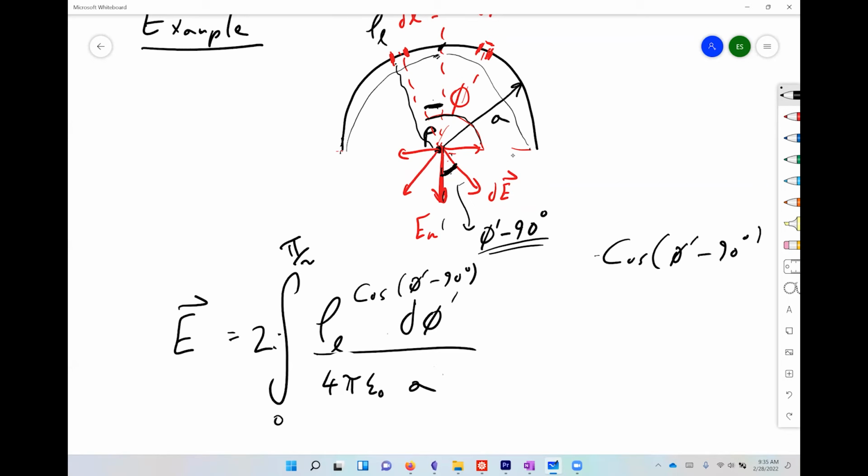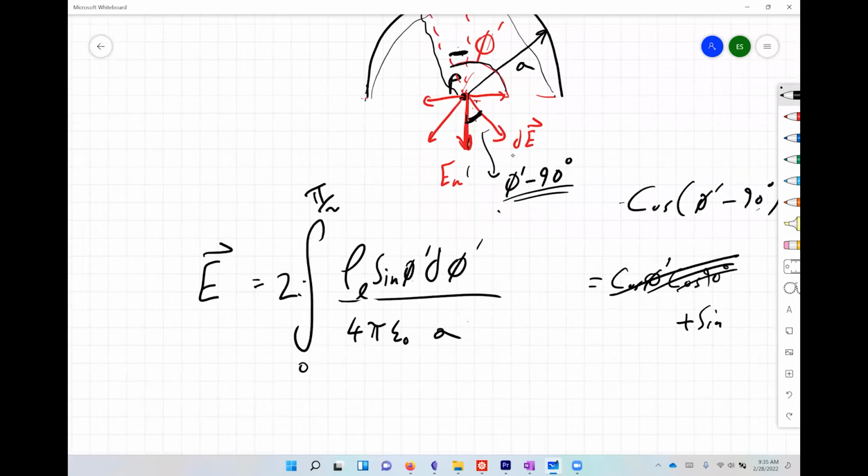I use the trigonometric identity. This is going to be cosine phi times cosine 90 degrees, which is 0, plus sine phi times sine 90 degrees, which is 1. So this is really going to be sine phi prime. Okay, so this becomes simple.